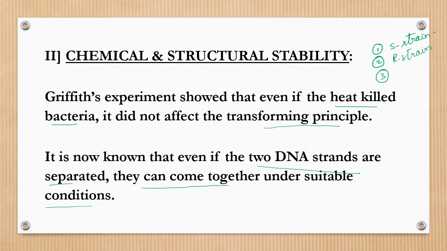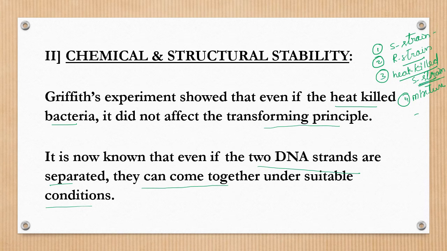Third they injected the heat killed S strain, and the mice survived. And in the fourth step, they injected the mixture of R strain and heat killed S strain, and the mice died, because by using the DNA strands of the other bacteria, the R strain is transformed into the S strain.